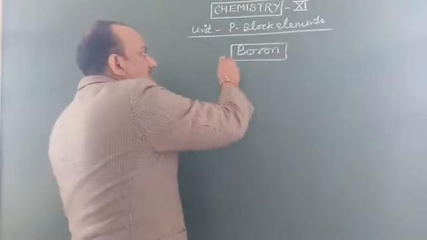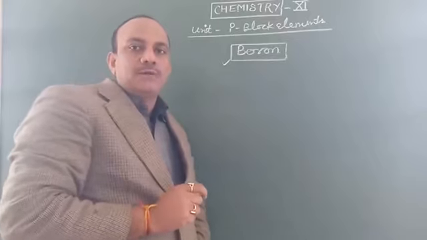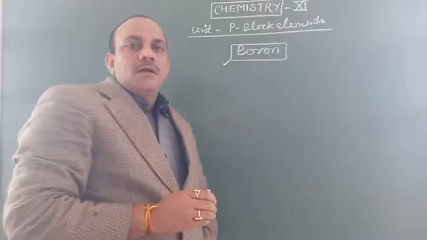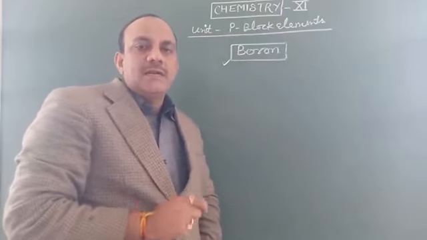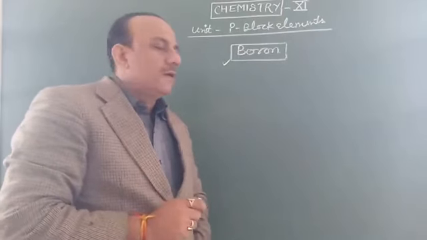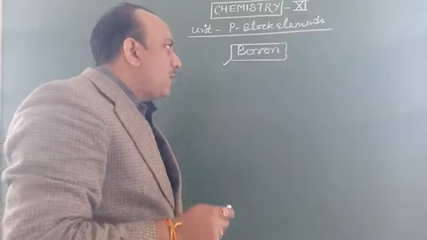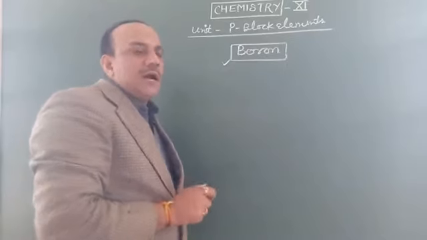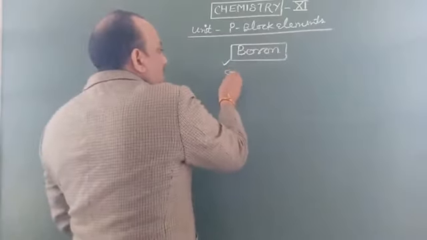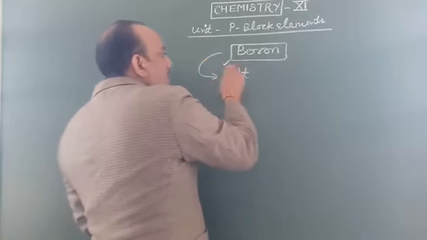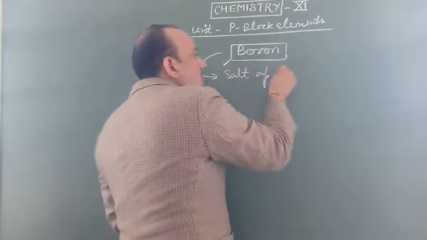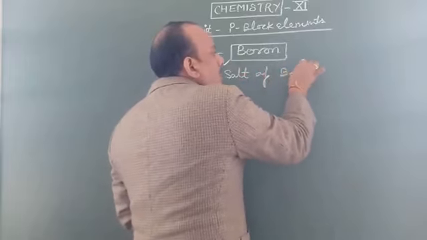So first we discussed the natural occurrence of boron. Boron cannot be found in free state in atmosphere, but it is found as a salt of boric acid. So we say that the compounds are produced as the salt of boric acid.